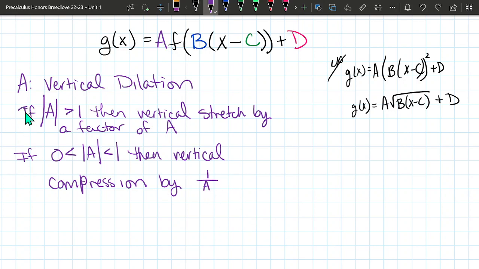Wait, why is it a vertical compression? Because the a value is less than 1 but greater than 0, so like half. Okay, yeah. And then next we have b.